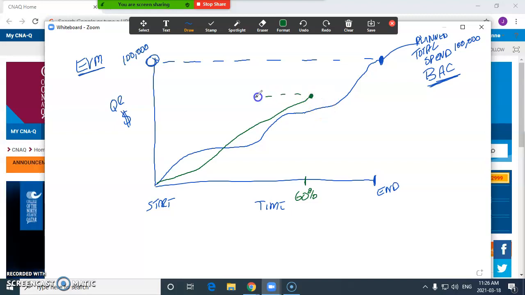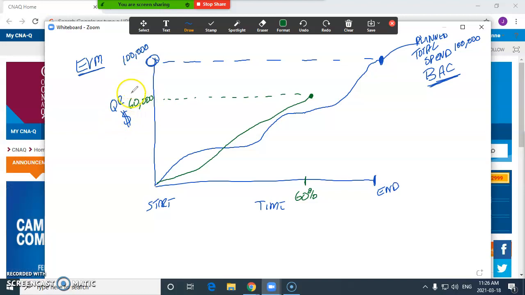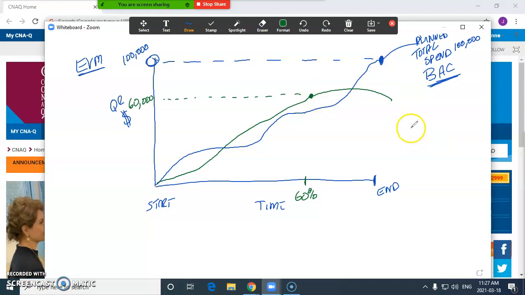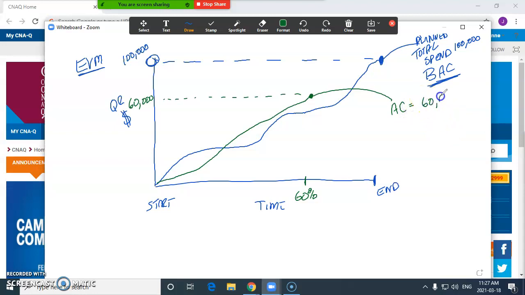And if we go here, there's 60% of the way through, and actually you've spent 60,000 real. Okay? That's your actual spend. So, in EVM terms, this is your actual cost. Okay? That's actually what you've spent.